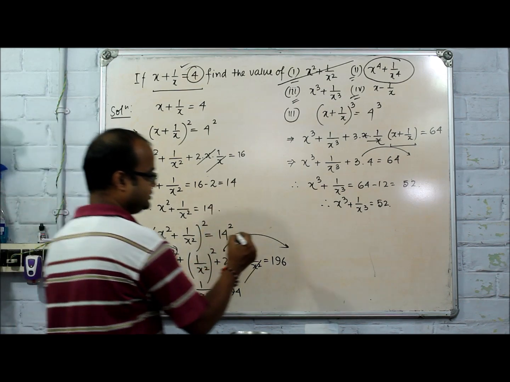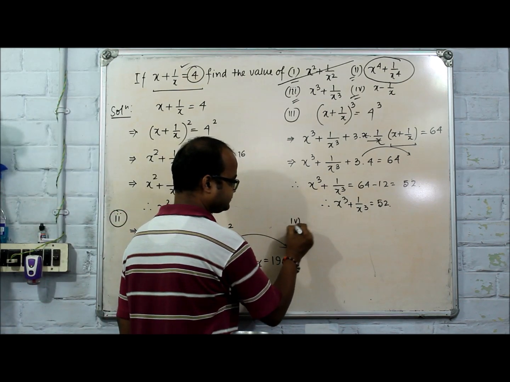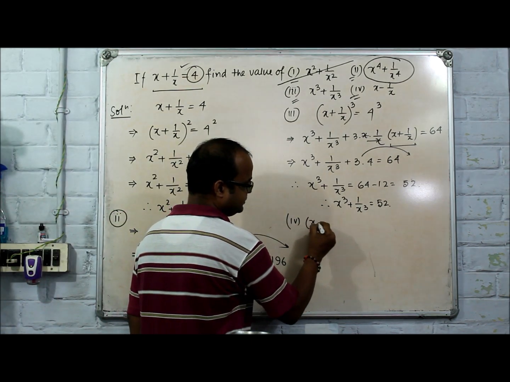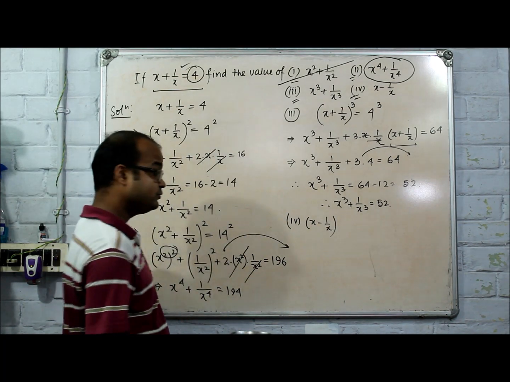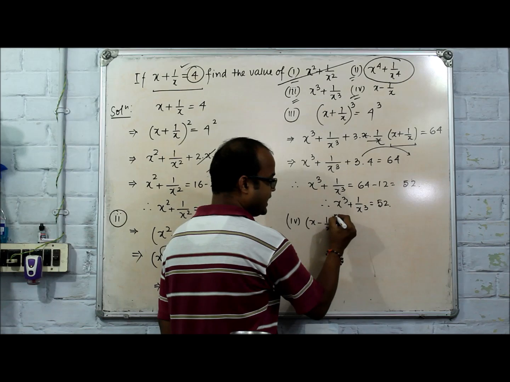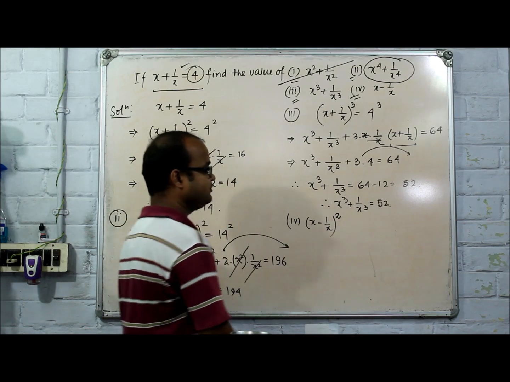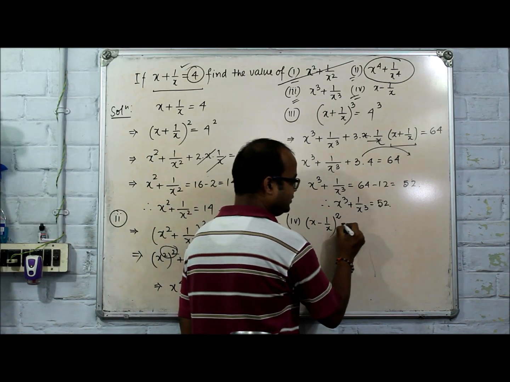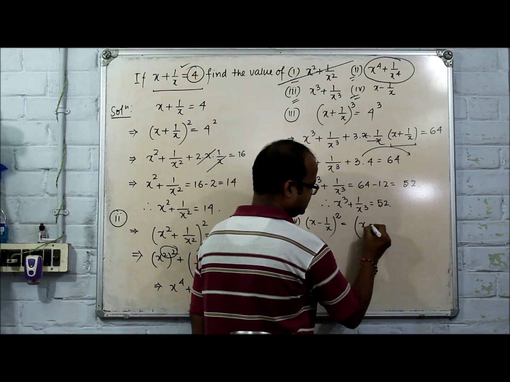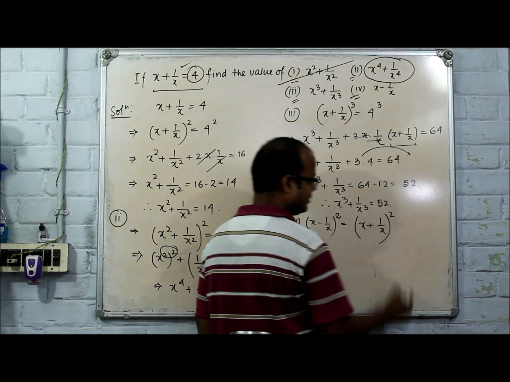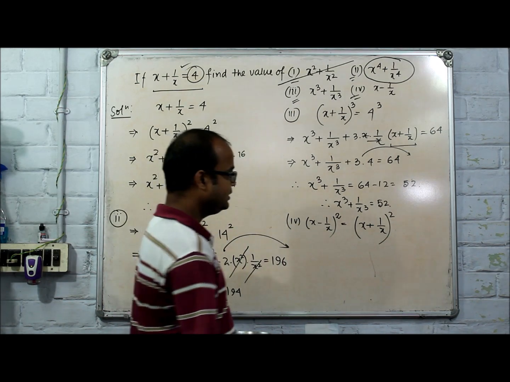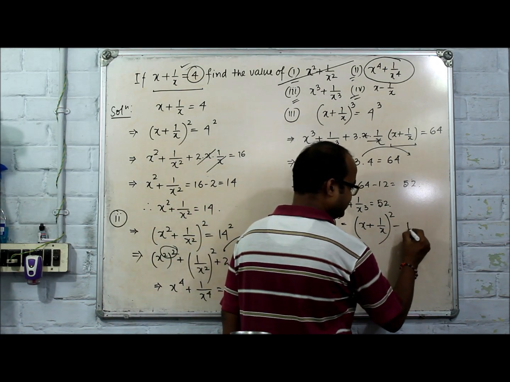Now the last part, x minus 1 by x. So I told you, you need to first find out the square of x minus 1 by x. So the formula of this is (x plus 1 by x) whole square minus 4.